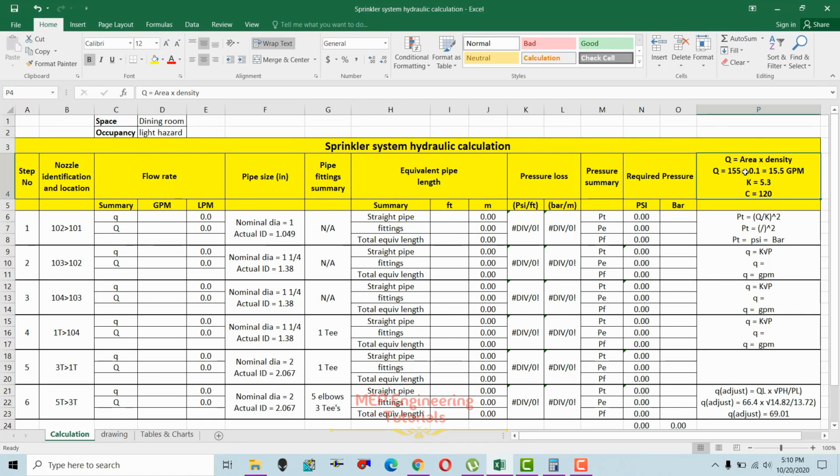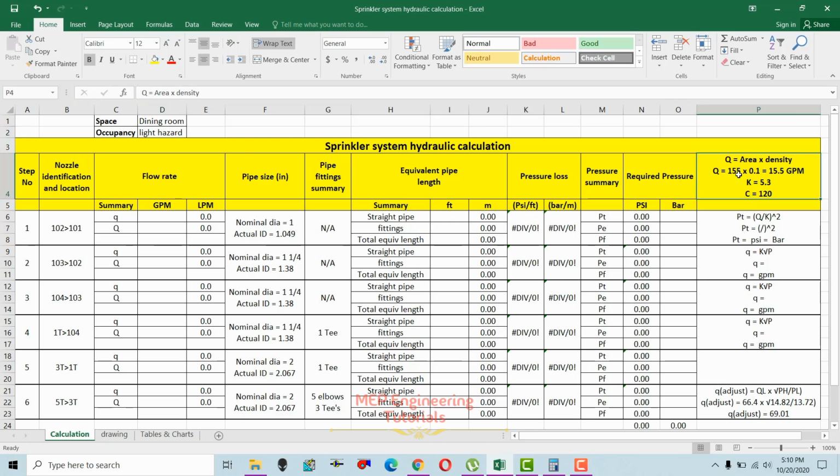First of all, you have to calculate the flow rate across each sprinkler. How did I get this flow rate across each sprinkler, that is 15.5 GPM? First you have to get the area covered by each sprinkler. For light hazard occupancy, you have to check the area covered by each sprinkler from the NFPA 13 standard.